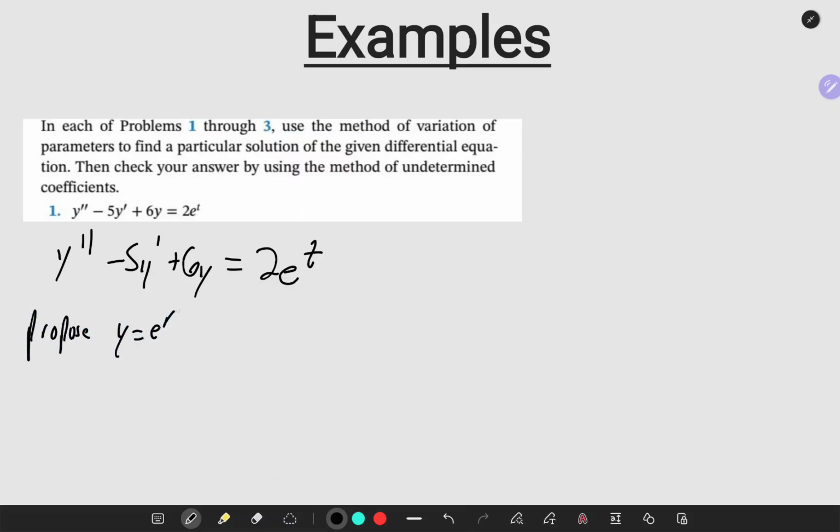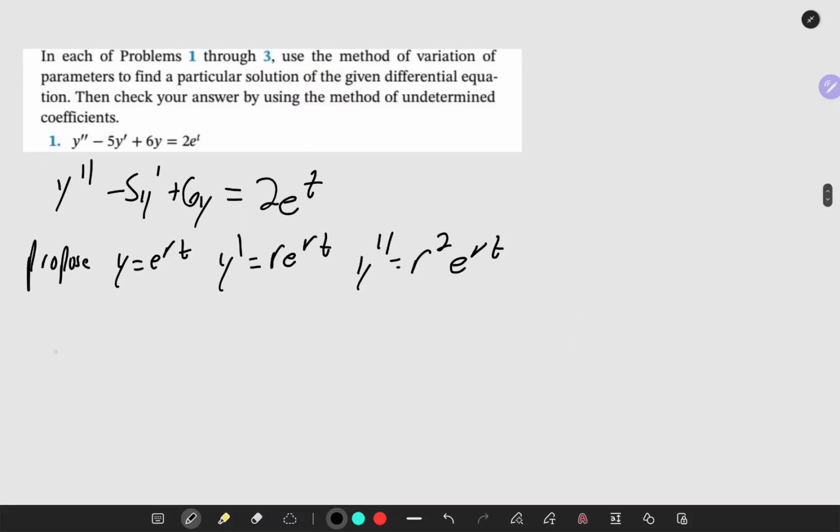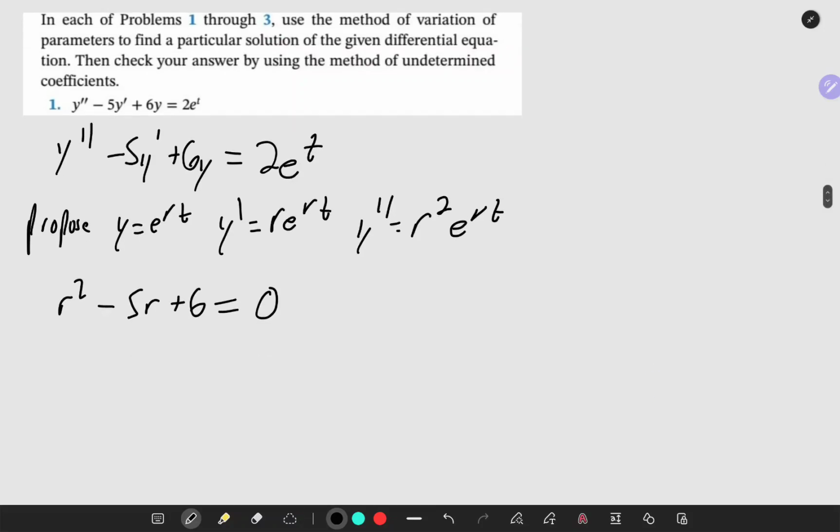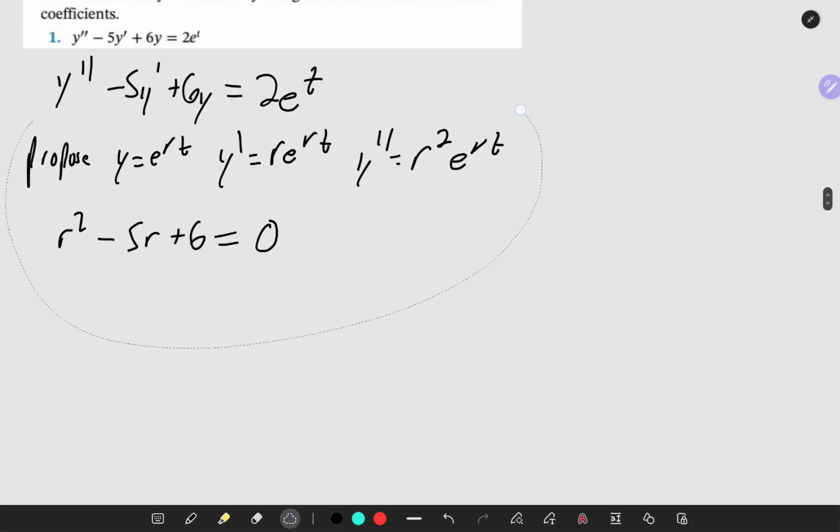Propose y equals e to the rt, and y double prime is, right, we substitute, and the e to the rt's will cancel. Oh wait, I did forget one little thing I should have mentioned.